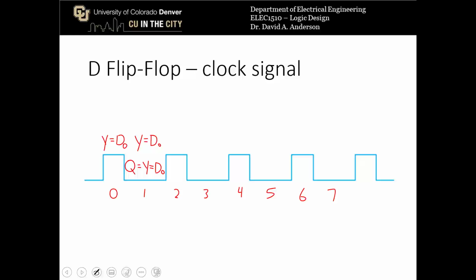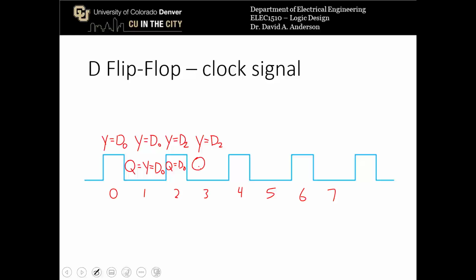Now at time instance 2, Y now goes back to following D, so Y is equal to D2, but Q is going to remember its previous state, so Q is going to be equal to D0. Now again, at time instance 3, when the clock level shifts back down to 0, Y is going to remember its previous value, D2.